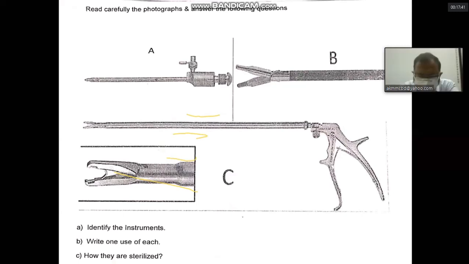To hold the structures like the gallbladder and cystic duct, cystic artery, we hold with number B. And what is the use of number C? To occlude cystic duct or cystic artery during laparoscopic cholecystectomy. Okay?